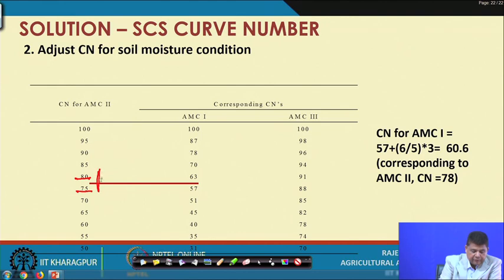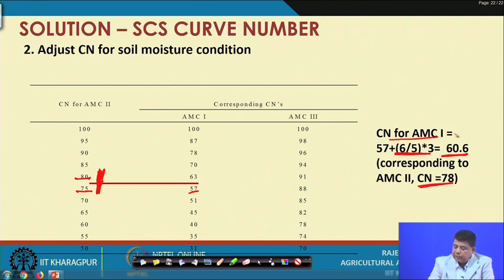So, obviously, for 78 we have to interpolate that value. We are saying that 57 corresponds to 75, and for the next 3 we are interpolating between 75 and 80, where the value ranges from 57 to 63, and thus we get the value 60.6, corresponding to AMC 2's curve number 78.